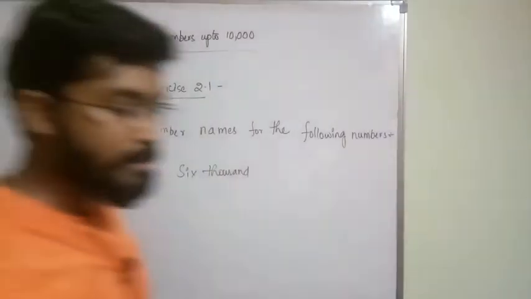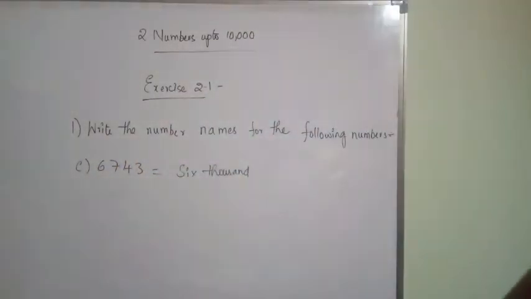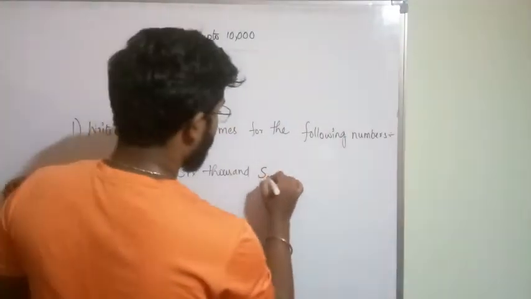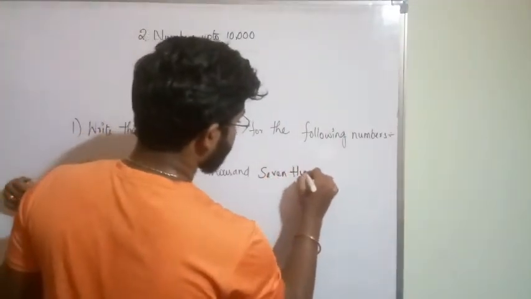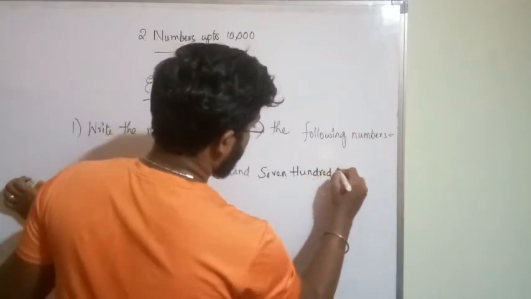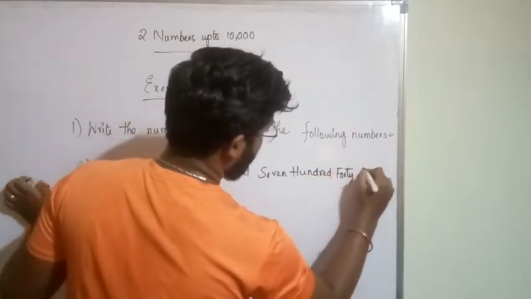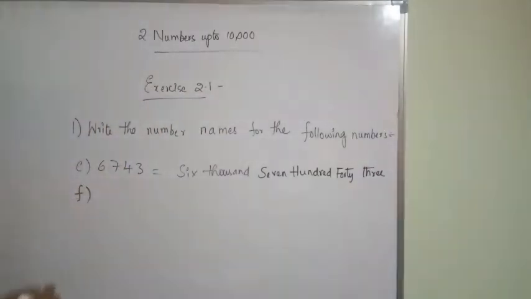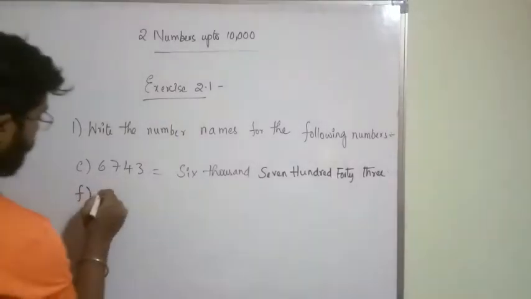6743. Next one is what? F, 5401. Okay, next one, G is what? 8320.